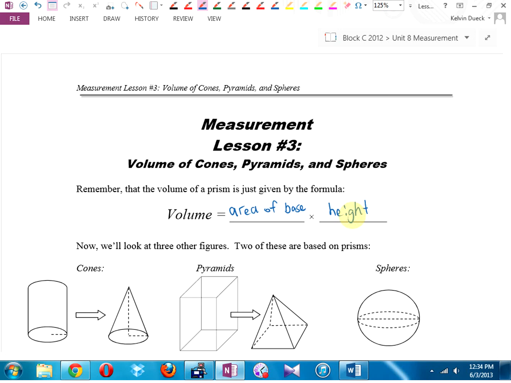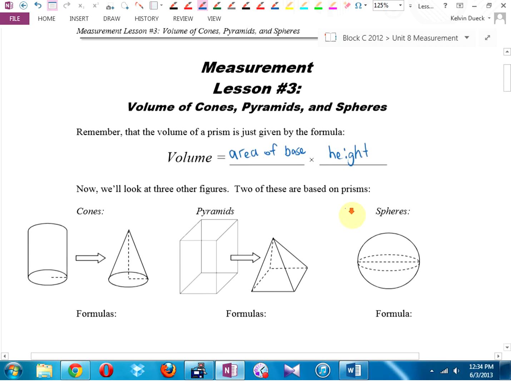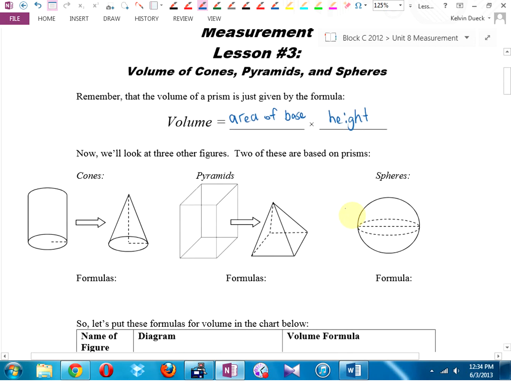We're going to look at three other figures. Two of these are based on prisms: cones and pyramids. Can you figure out what I mean by a cone and a pyramid? What's the difference between a cone and a pyramid? A cone has what as a base? Circle. A pyramid can have a triangle as a base. You know what we call that?